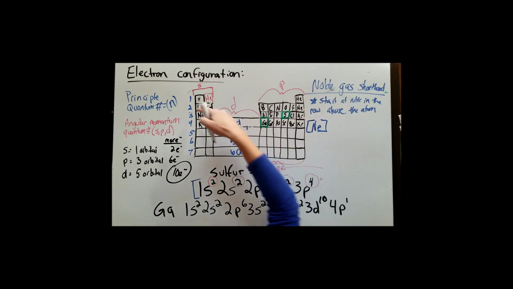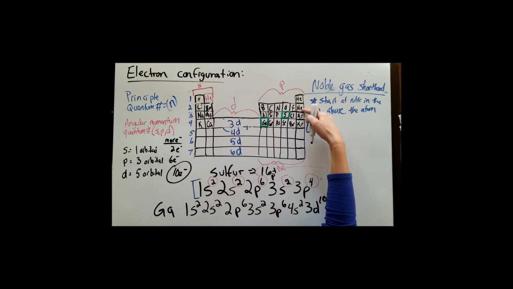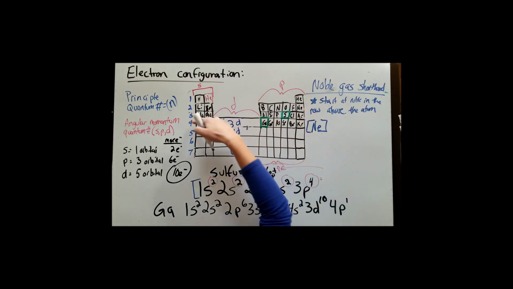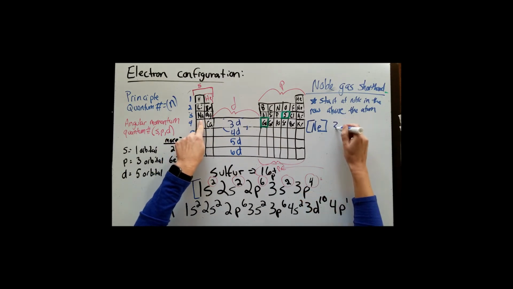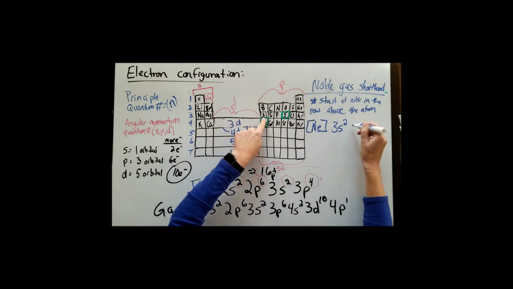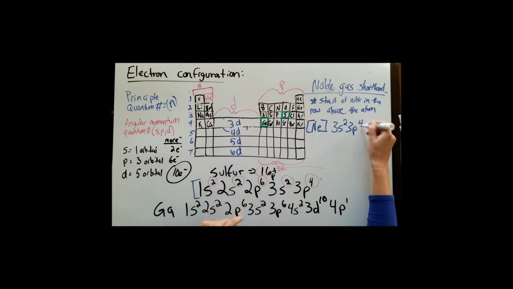That means instead of starting at the 1s, I can start here at neon. From neon, I'm going to go to period 3 next. So I get 3s2, and then I'm still in period 3. I hit the P block, and it's the 4th one in. So that's the shorthand way for sulfur.